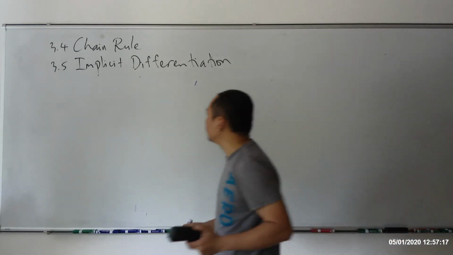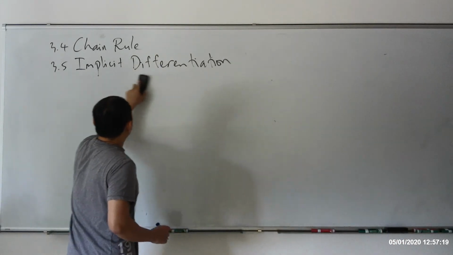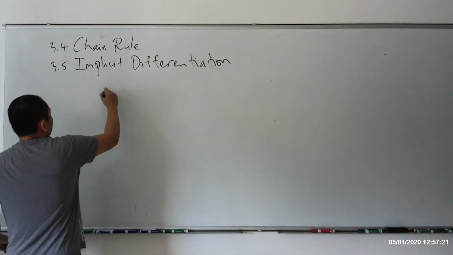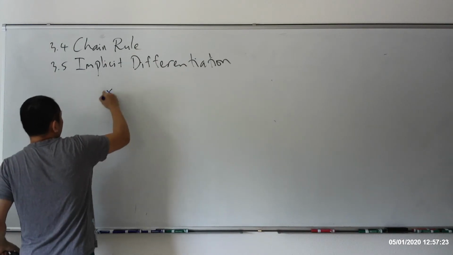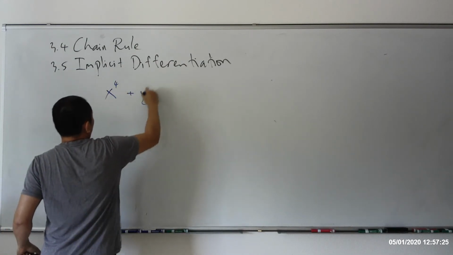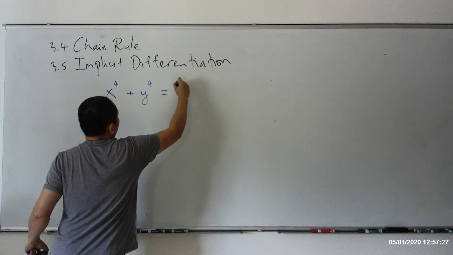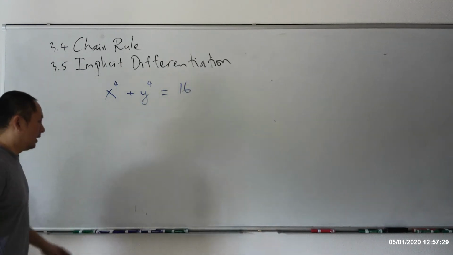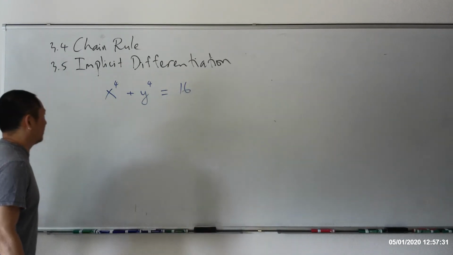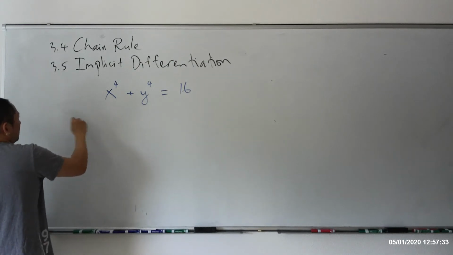Oh, okay. We have this. The book gives you a pretty simple one. X to the 4 plus y to the 4 equal to 16. But they ask you to find the second derivative. So let's start with the first derivative.